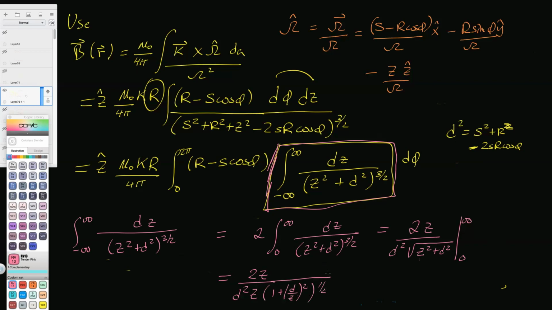The z's cancel here, and I just get 2 over d squared times 1 over the square root of 1 plus d squared over z squared, at infinity. At infinity, this term goes away, it's 0, and I just get 2 over d squared. And we know the limit at 0 is 0, so the whole thing is 2 over d squared.